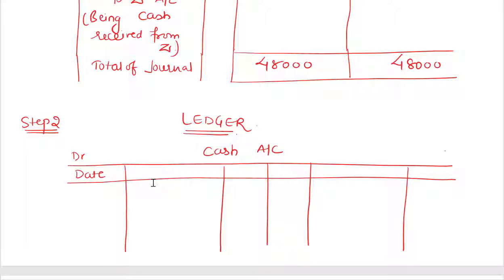Debit side, credit side. Debit side we have date, particulars, amount. We have date, particulars, amount.